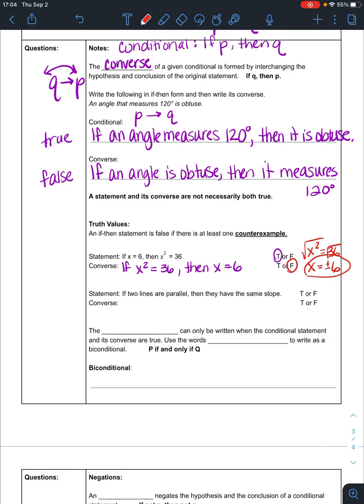Okay, so let's look at our statement here. If two lines are parallel, then they have the same slope. That's true. We'll talk more about that in the next unit. So the converse would be if two lines have the same slope, then they are parallel.